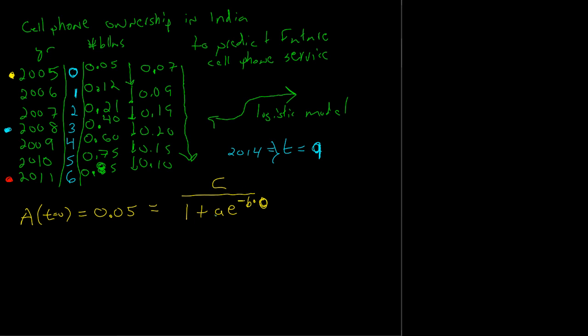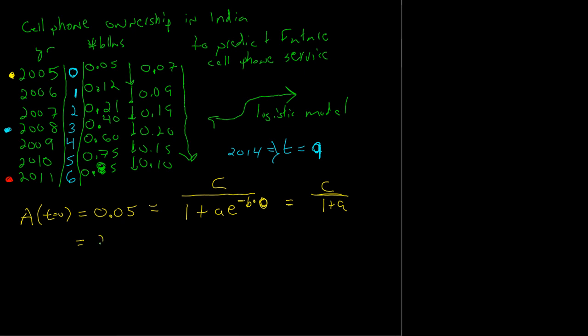And so I get C over 2. Oops, no, hold on. I get C over 1 plus A. Sorry, one of those days. C over 1 plus A. Anything to the 0 power is 1. A times 1 is A.